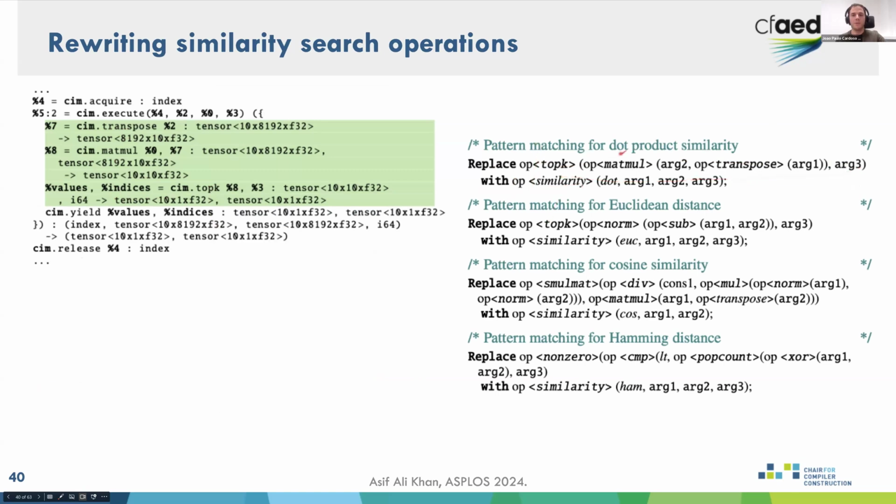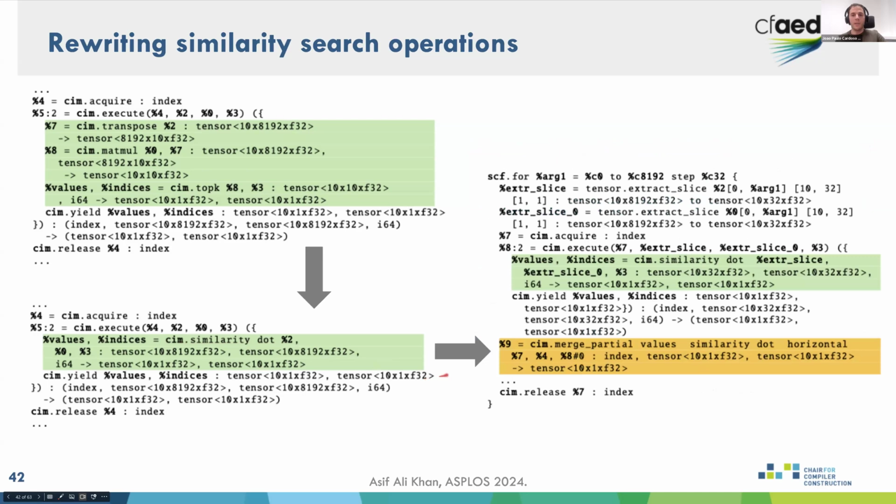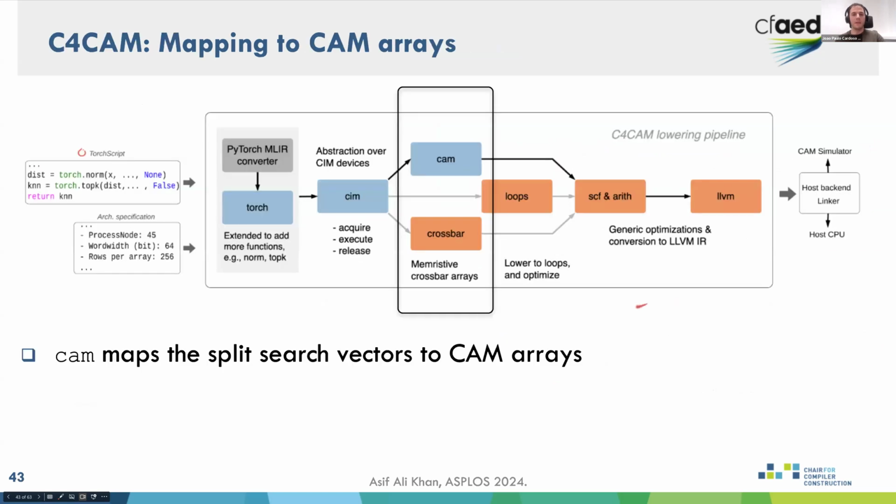Here we have support for 3 types of similarity or distance, which transform the code into this version with only similarity. Then we apply some partitioning, which now requires also including merge operations, because each array is going to output a partial result.